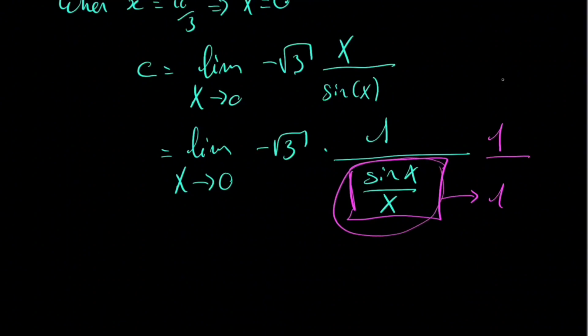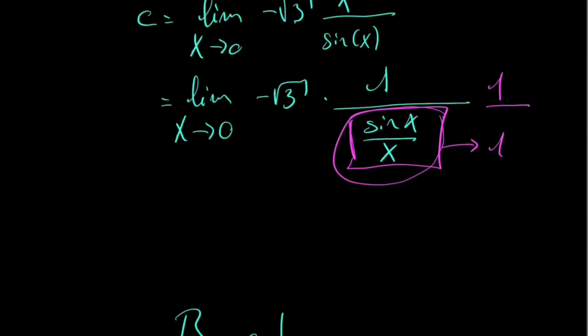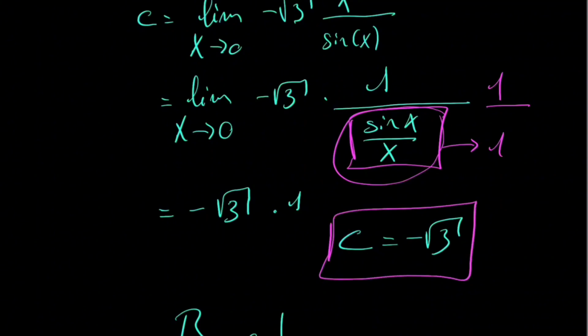Because the function 1 over x is continuous in 1, we can say by composition that this will be equal to minus square root of 3 times 1 over 1, so times 1. So c is equal to minus square root of 3. And we answer the question.